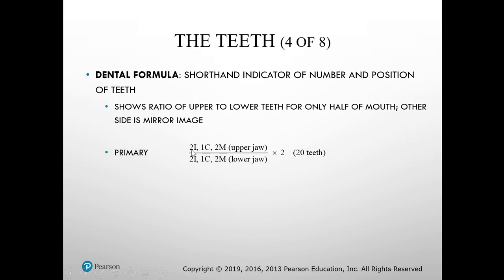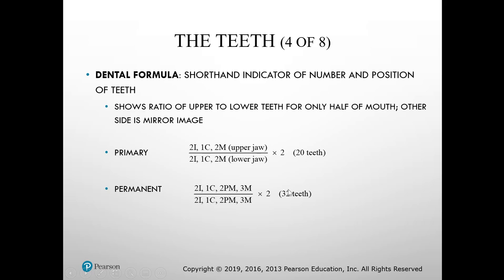So this is 2I, 1C, 2M, on both the upper and lower jaw, and there's an equivalent of 20 teeth. Here is only one quarter of the upper jaw, and the other quarter is on the other side. That's the reason why it's times two. So there's a total of 20 teeth.